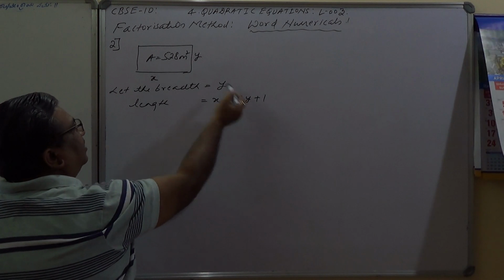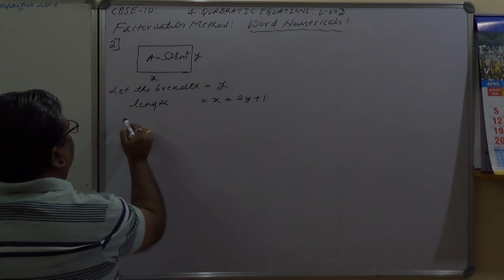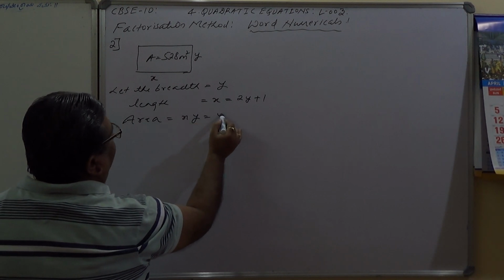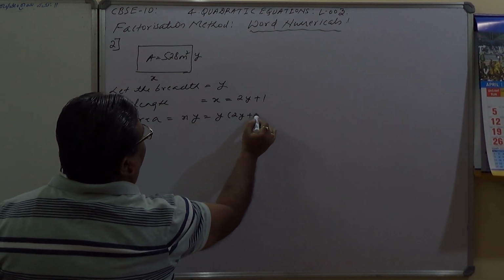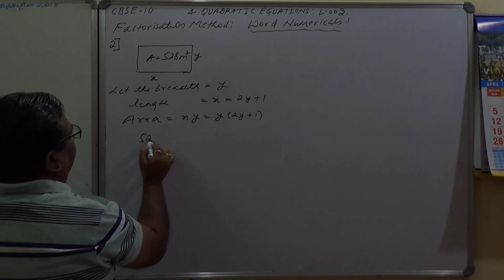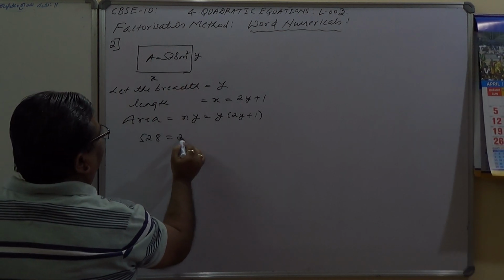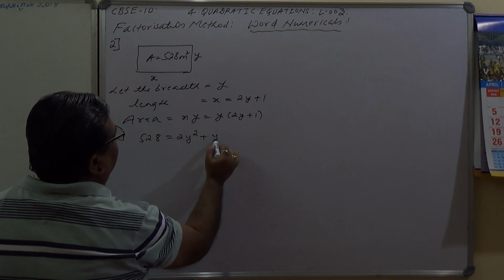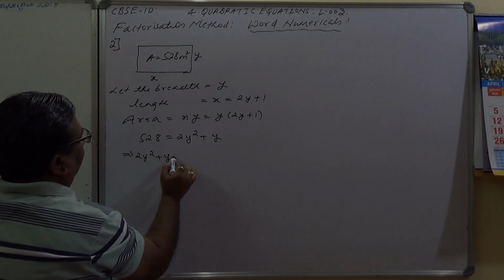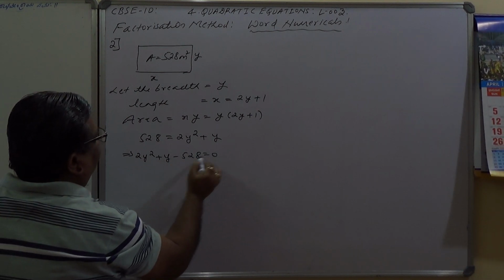This is what is given. So area equals x into y equals y into 2y plus 1. The area is 528, so 528 equals 2y square plus y, which implies 2y square plus y minus 528 equals 0.